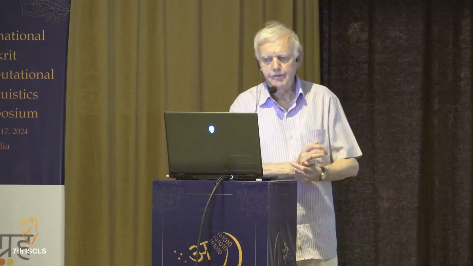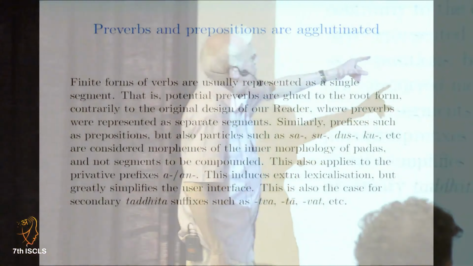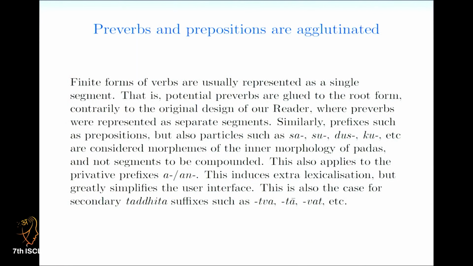Now, finite forms of verbs are usually represented as a single segment. That is, the potential preverbs are glued to the root form. This is contrary to the original design of my segmenter, where the preverbs were kind of floating in the screen. So it was rather confusing.